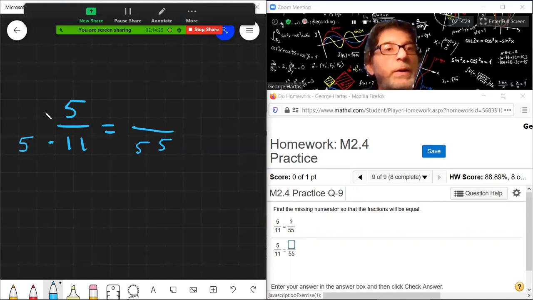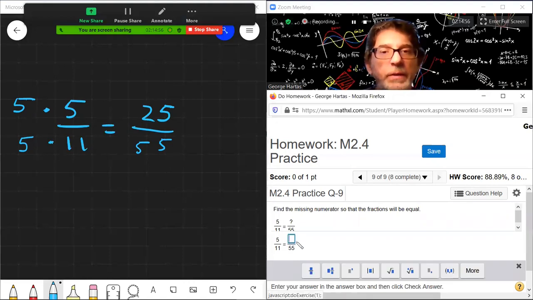So if I'm multiplying the bottom by 5, I got to multiply the top also by 5 to keep the same ratio. 5 times 5 is 25, and there it is. This is equivalent to this. We basically filled in the missing numerator by working with the denominator. So 25 over 55.